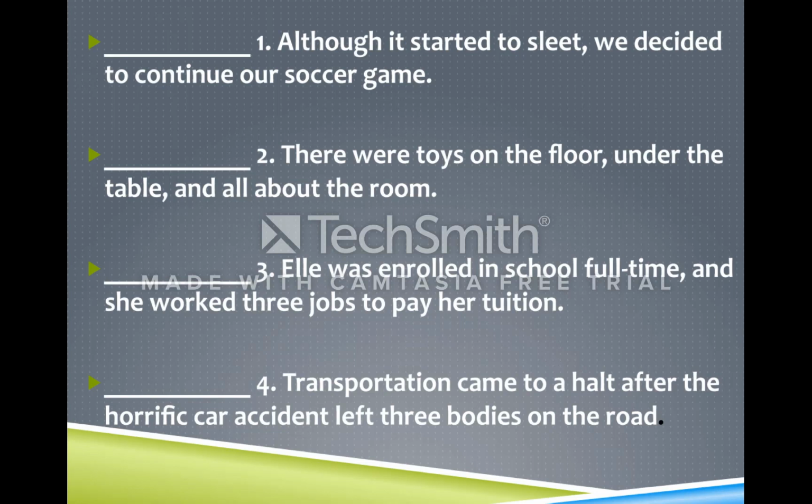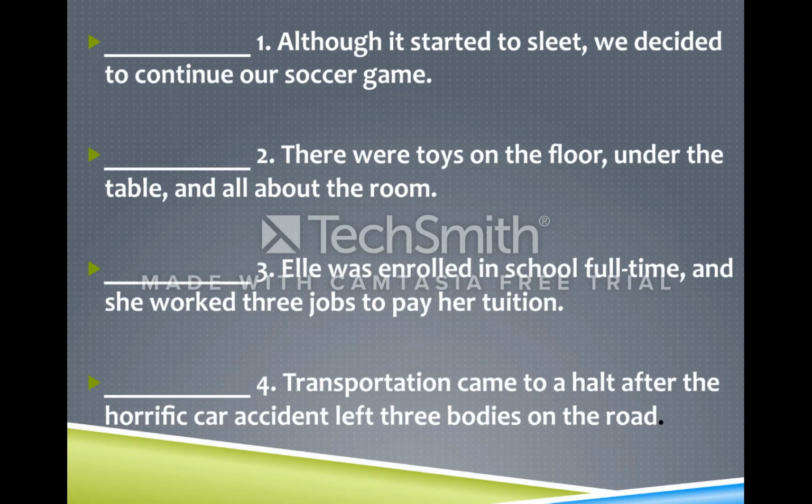Okay, now question number 1. Although it started to sleet, we decided to continue our soccer game. This sentence has two clauses: Although it started to sleet, and we decided to continue our soccer game.